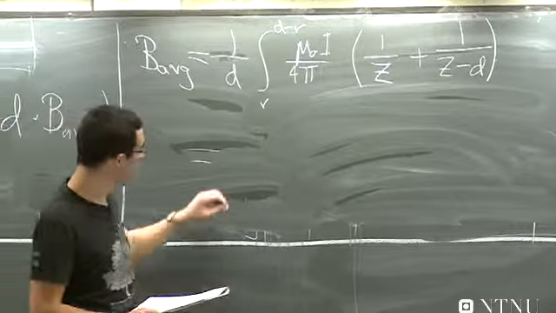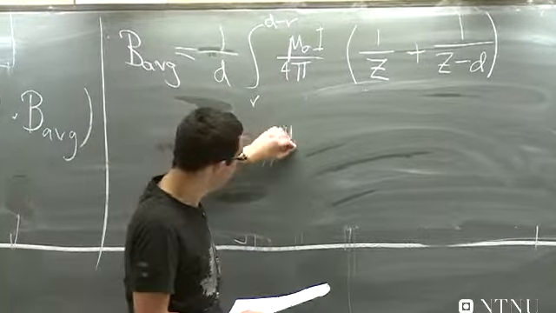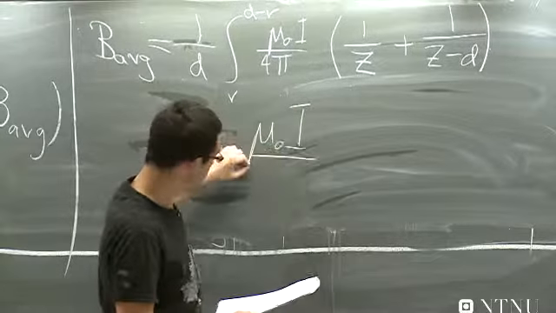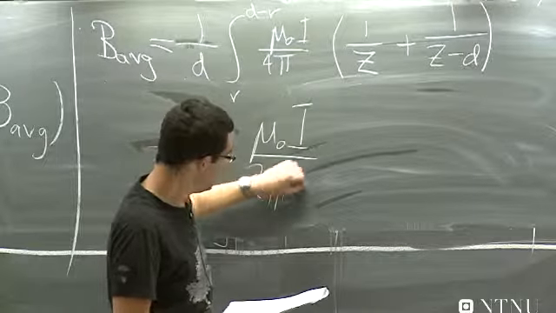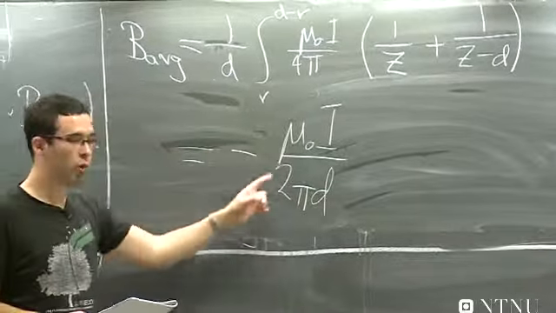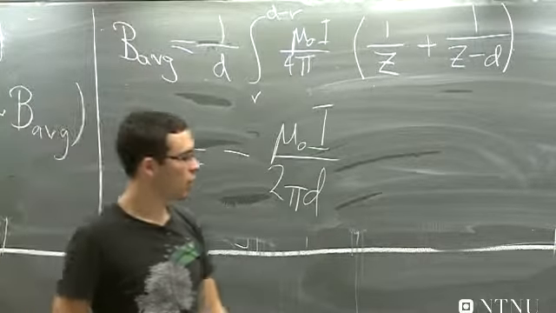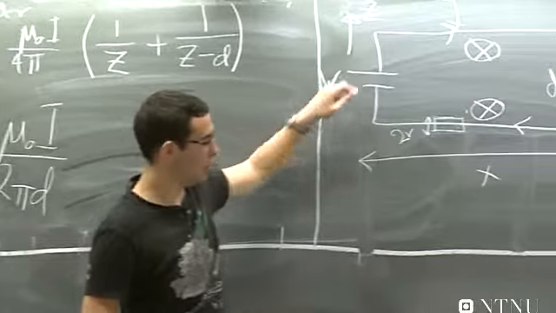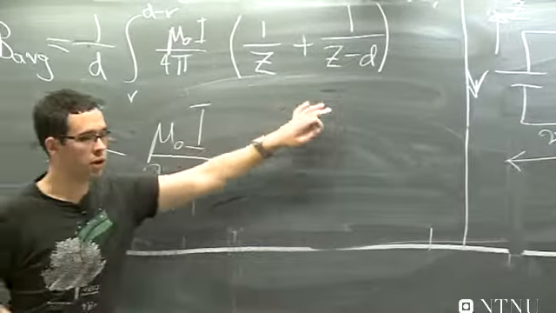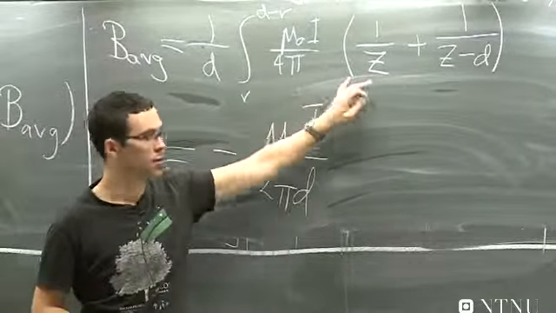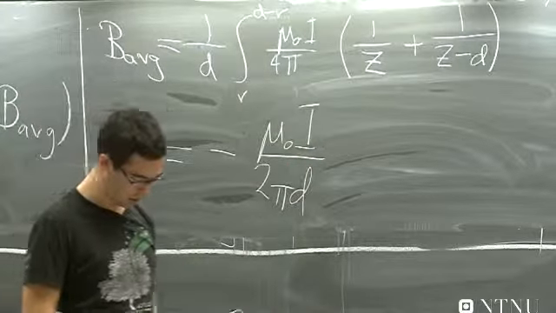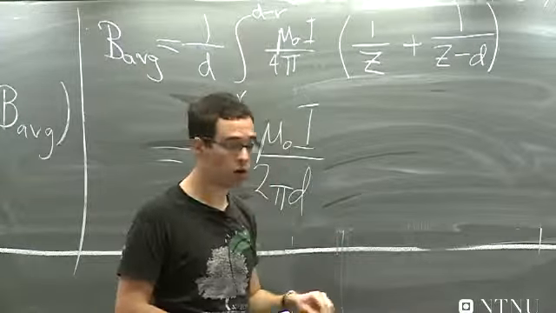And B average is mu naught I over 2 pi d. There's a factor 2 here, because there's two terms which are sort of symmetrical. If instead of integrating from here to here, I integrate from here to here, that would be the same as switching the terms, so it's basically a factor of 2 times the contribution from this one. And 1 over z gives a logarithm.